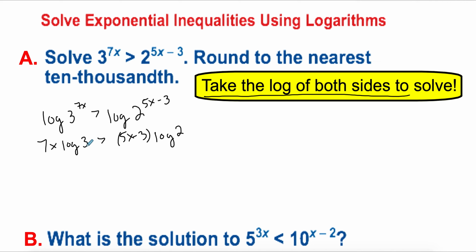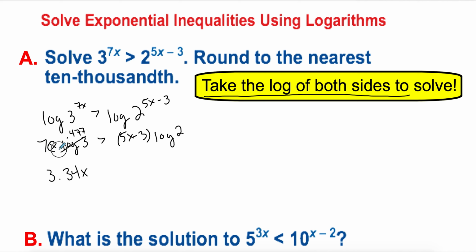So what I'm saying, I want to take this log 3, which is log base 10 of 3, so you can put that in your calculator, and this is about a 0.477, which I'm going to multiply by that 7, and we'll have that x there. So my decimal on the left here would be 3.34, and we have the x with it.